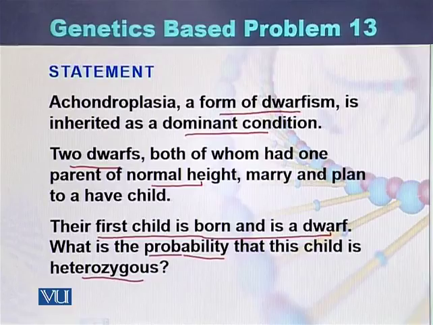We have to tell whether this child is homozygous or heterozygous, and if the child is heterozygous, we have to tell the probability or the percentage.